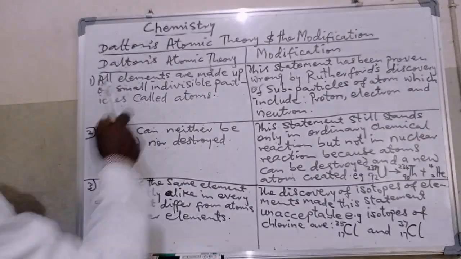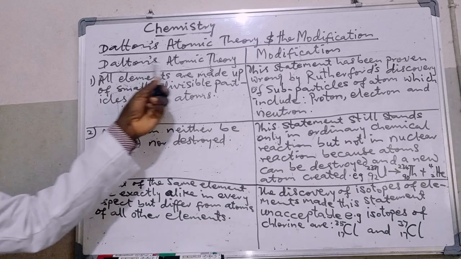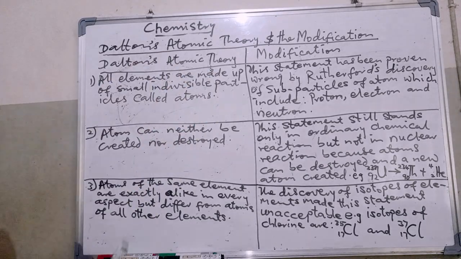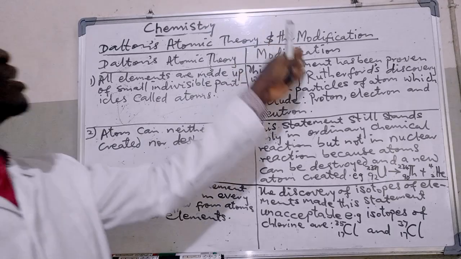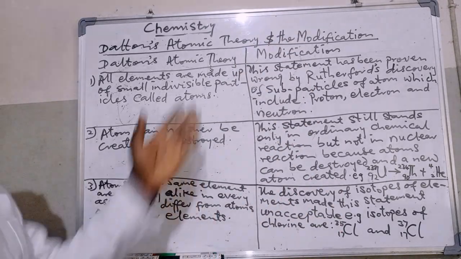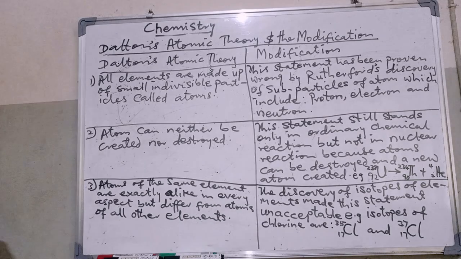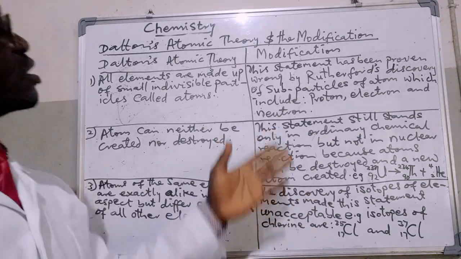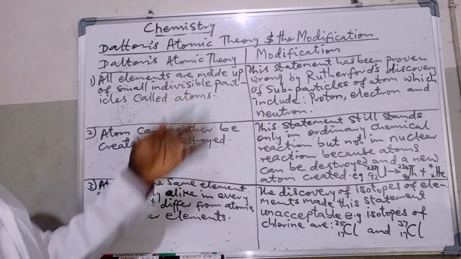This side is Dalton's atomic theory, the theory that Dalton proposed, and these are the modifications. Let's see whether the body of scientists agreed with all that Dalton said here.